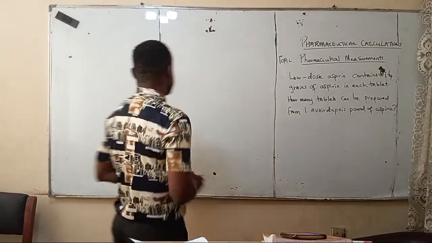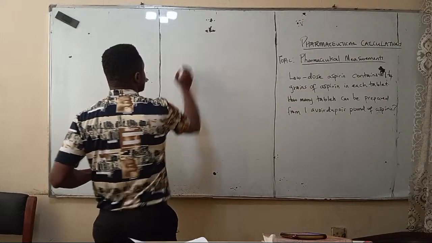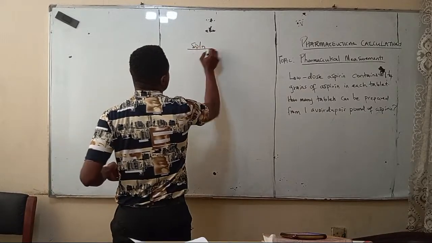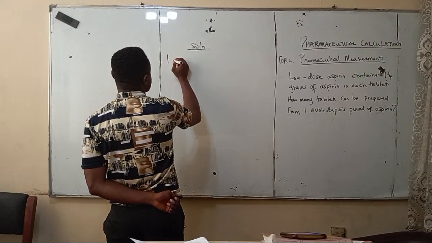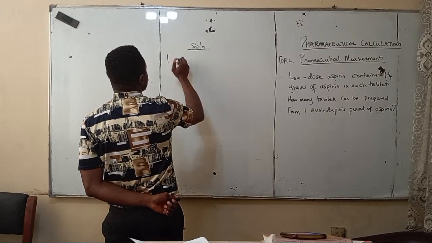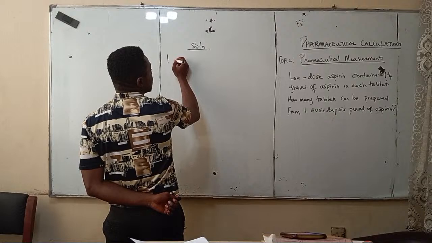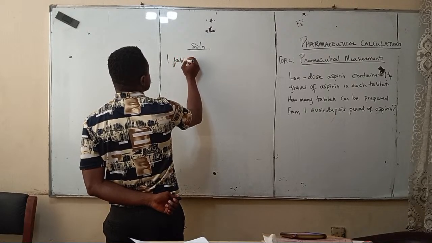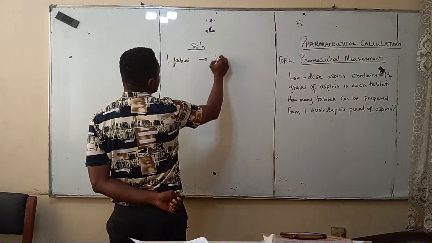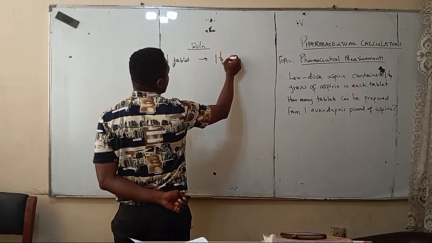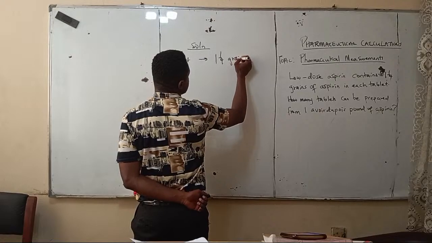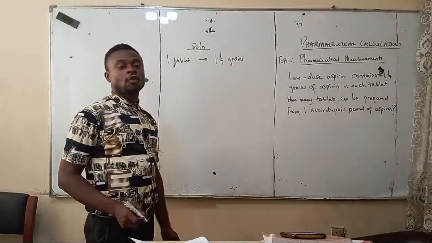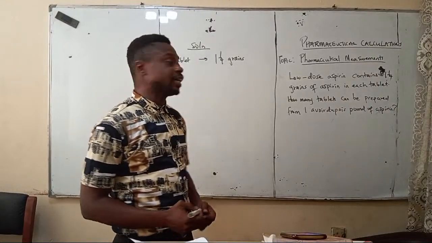The question says that in 1 tablet of such aspirin, we have 1/4 grains. So from the question, solution: 1 tablet contains 1/4 grains of aspirin.